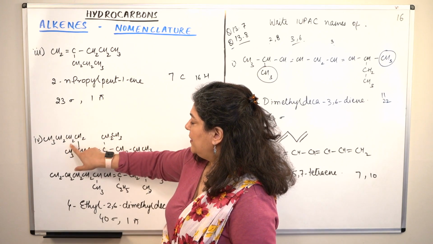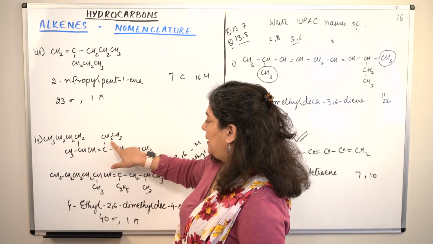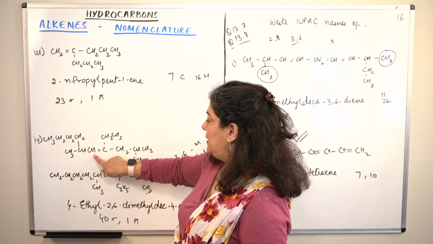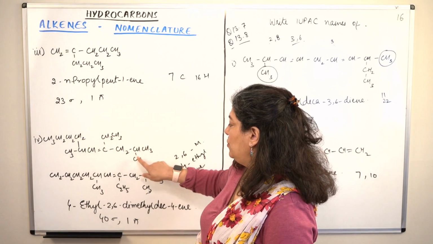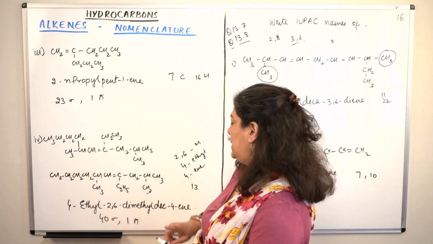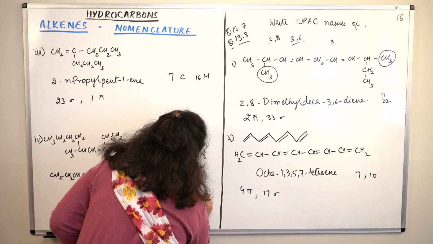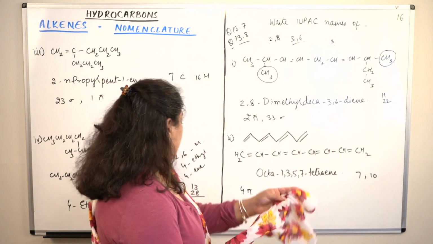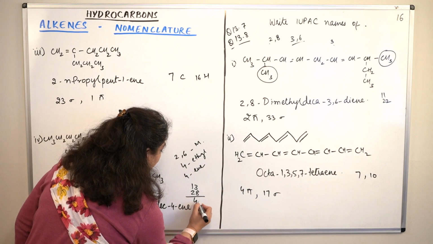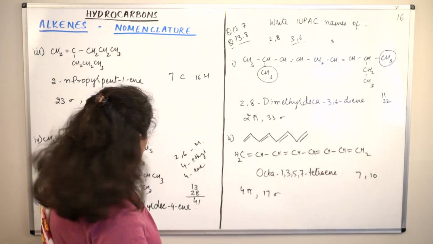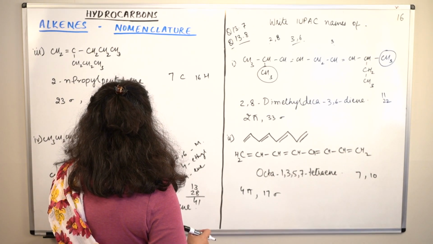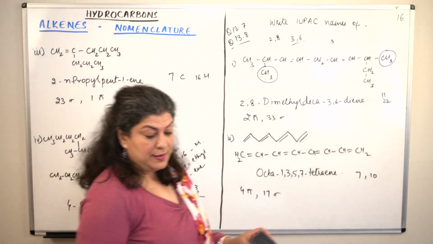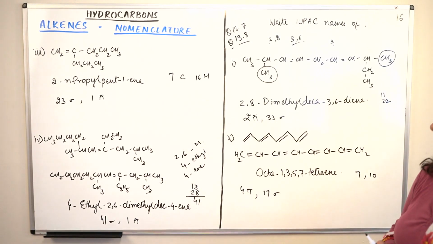There are 28 hydrogens, so 28 carbon-hydrogen sigma bonds. So this will be 41. So there are 41 sigma bonds.